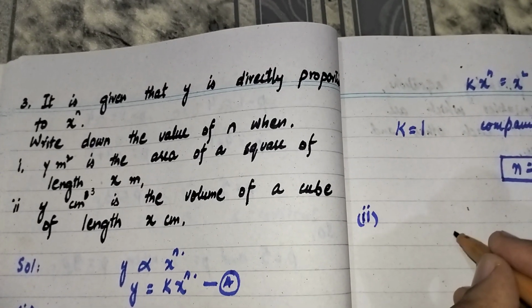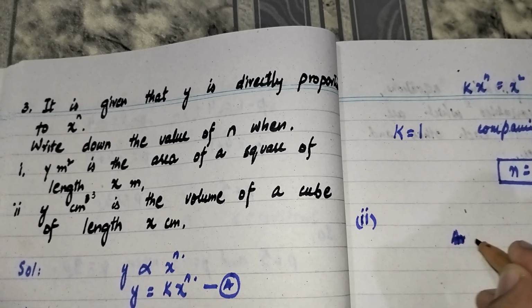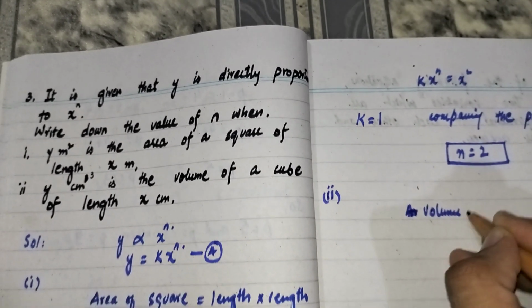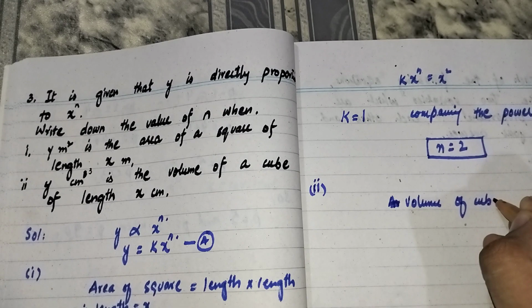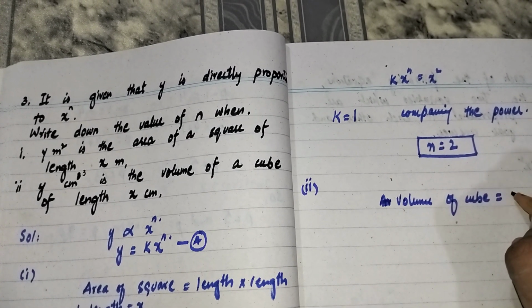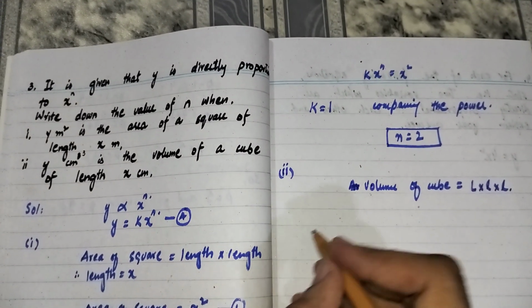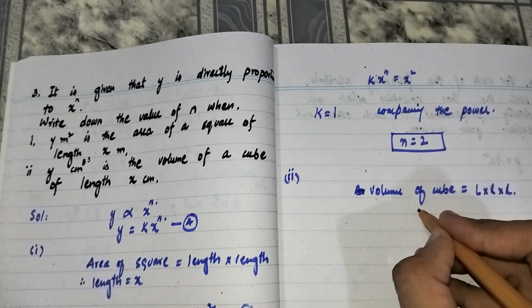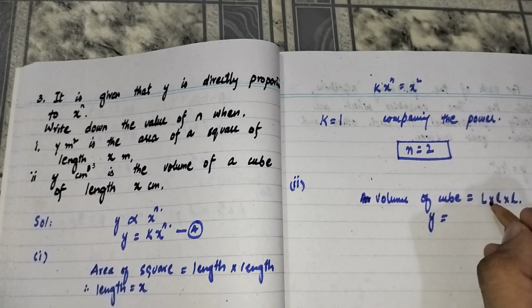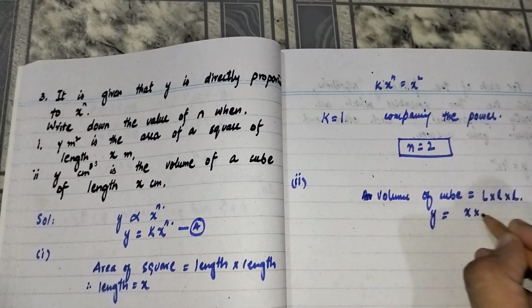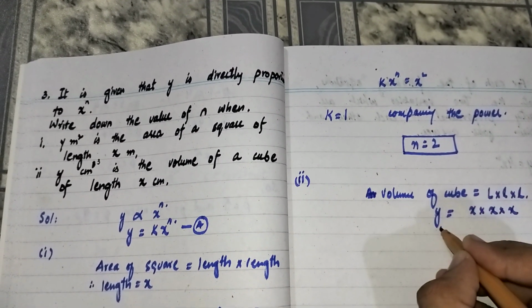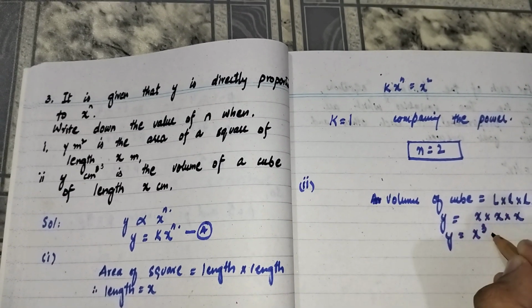As we know, the volume of a cube is equal to length into length into length. So here the volume of the cube is y and the length of the cube is x, so x multiplied by x multiplied by x, which means that y is equal to x cube.